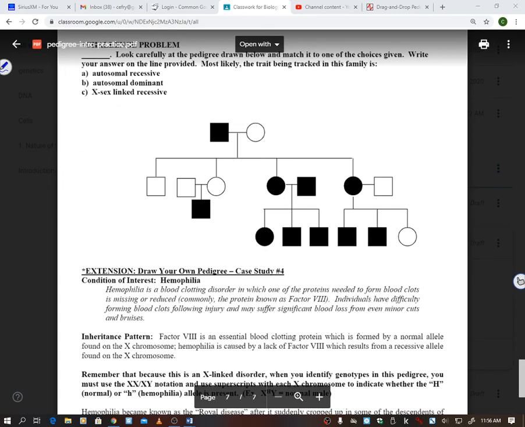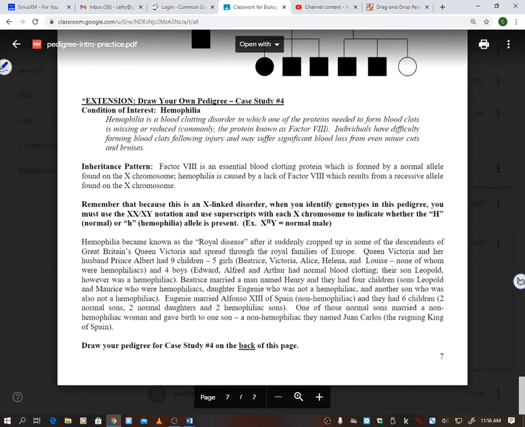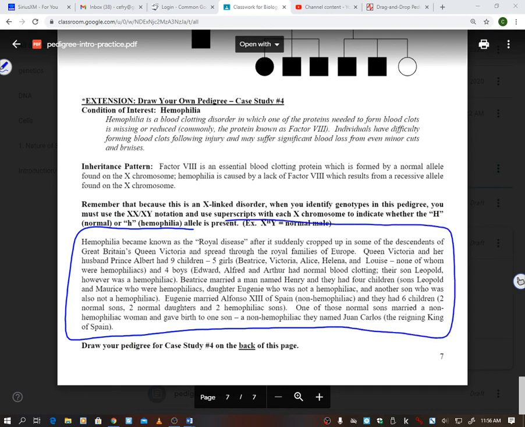Okay, now what they are going to do finally at the end, and like I said, this has taken us 2 days, and I'm going to put that in the notes. We're going to do an extension where they are going to read this and draw their own pedigree. So you're going to read this about hemophilia. It is important to know that it is an X-linked disorder.